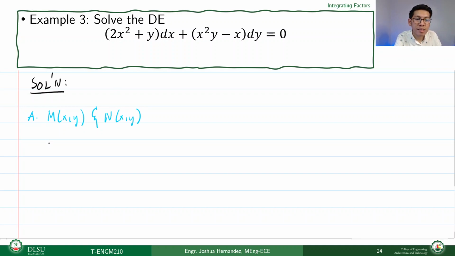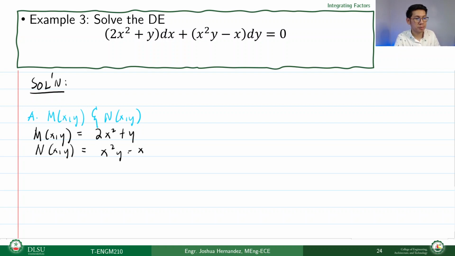So from this form, we can clearly identify that m is 2x squared plus y, and that n is x squared y minus x. The next step, of course, is to test for exactness.